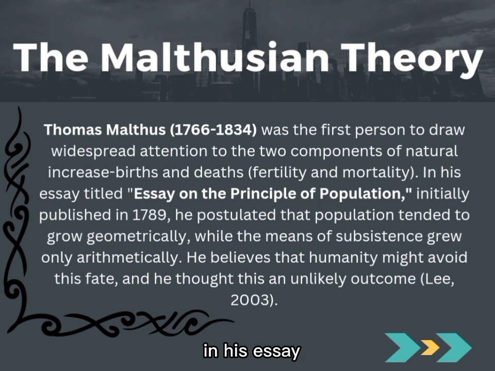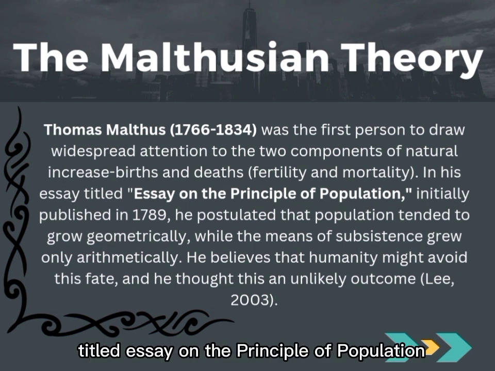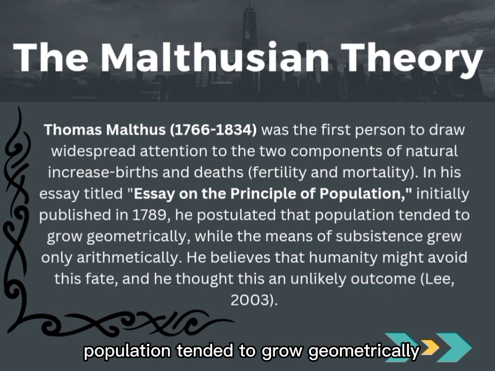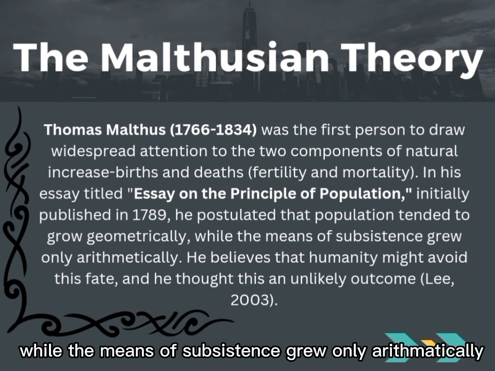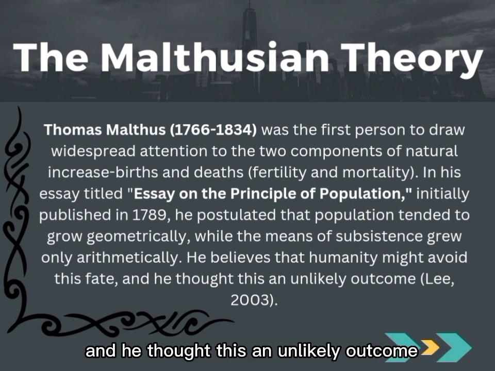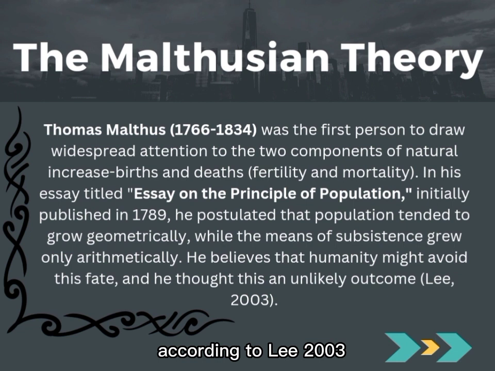In his Essay on the Principle of Population, initially published in 1789, he postulated that population tended to grow geometrically while the means of subsistence grew only arithmetically. He believed that humanity might avoid this fate, but he thought this an unlikely outcome, according to Lee 2003.